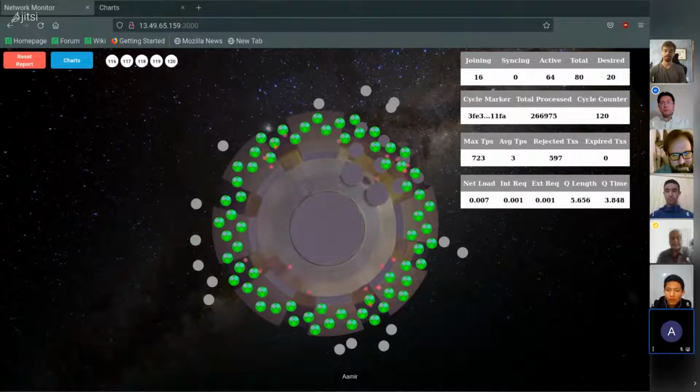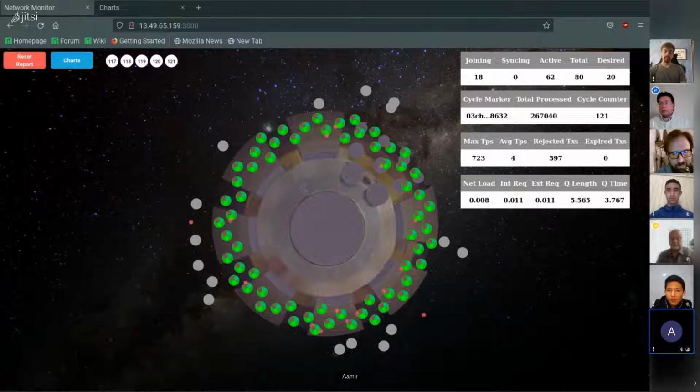I think we've made a lot of progress since last quarter in the stability of the network. So hopefully we'll see that the network is able to scale down here and not get out of sync. So yeah, I think we've done really well in terms of improving the stability of the network.